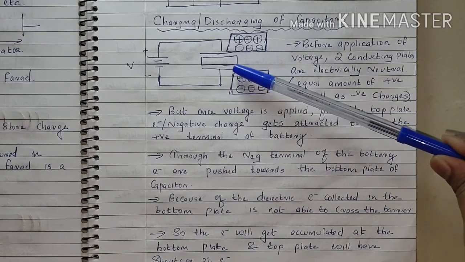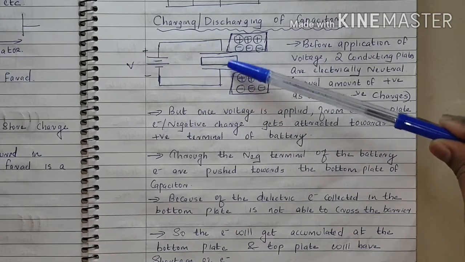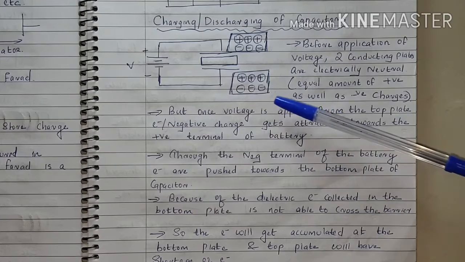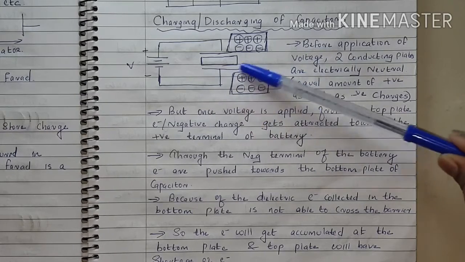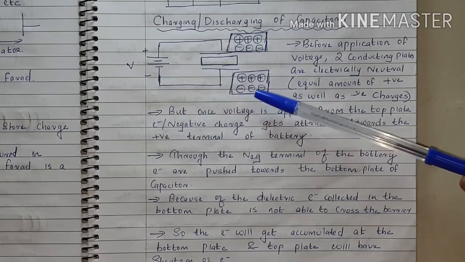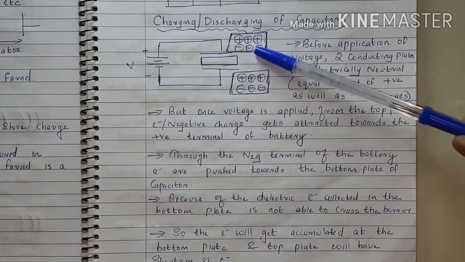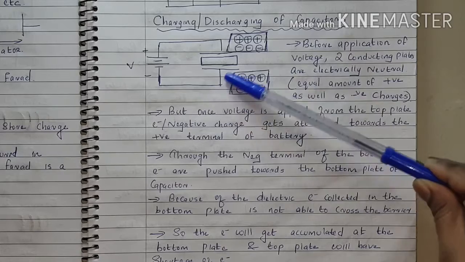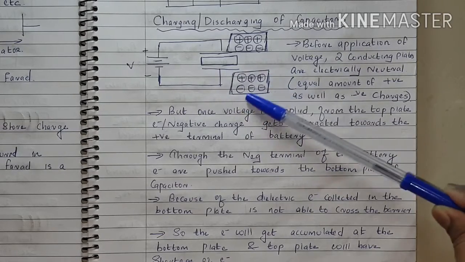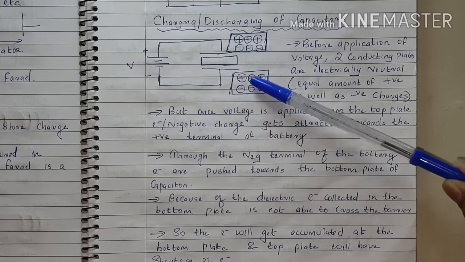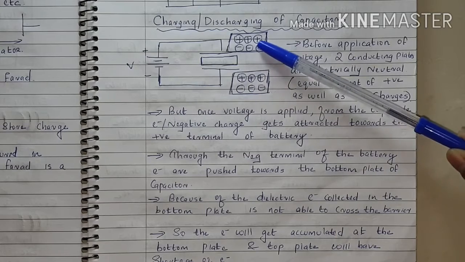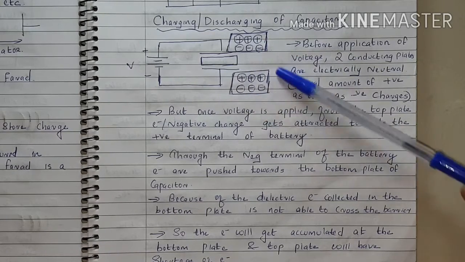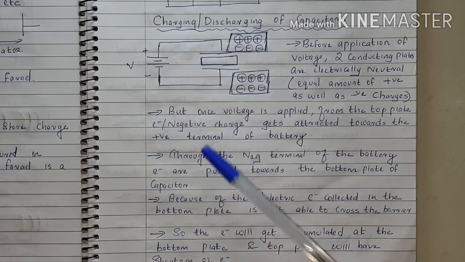And because of the dielectric present in between the parallel plates, the electrons collected in the bottom plate are not able to cross the barrier. So the electrons will get accumulated at the bottom plate, and the top plate will have a shortage of electrons and the bottom plate will have an excess of electrons.